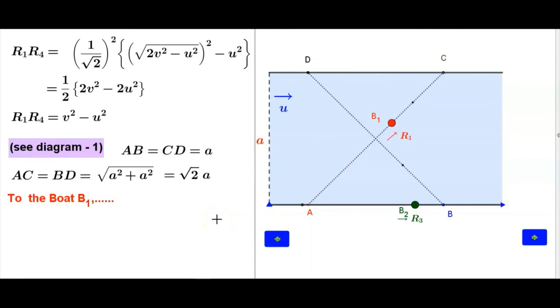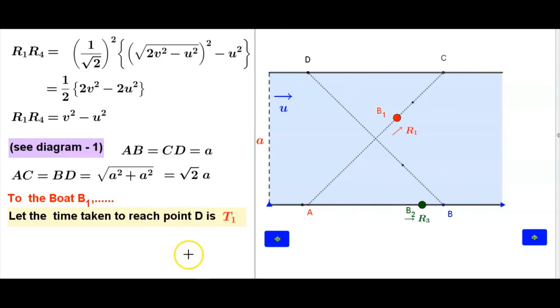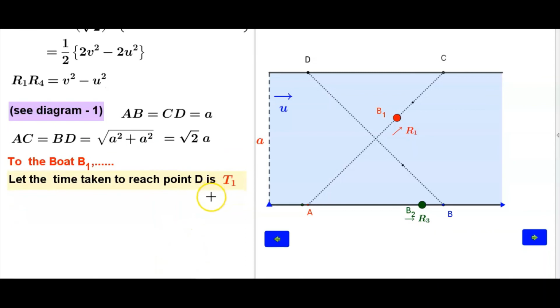Now consider the board B1, red color board. From here to here it moves with velocity R1, then here with velocity R2. Let the time taken to reach the point D be T1.